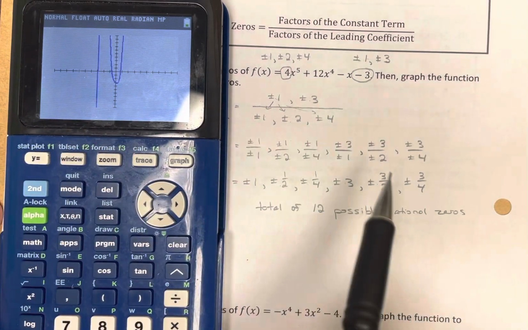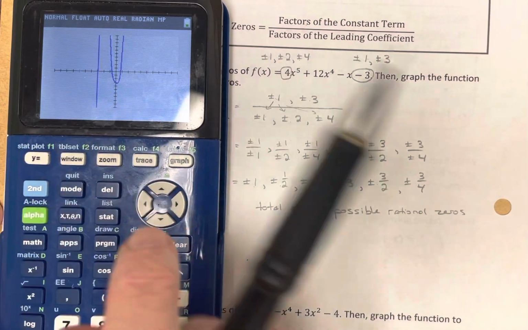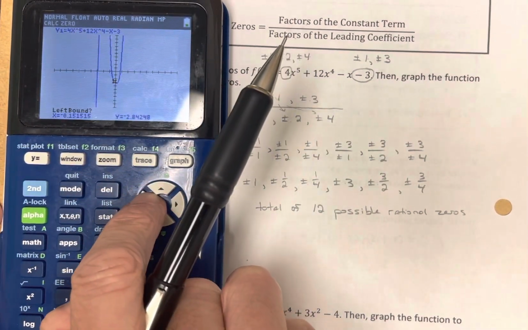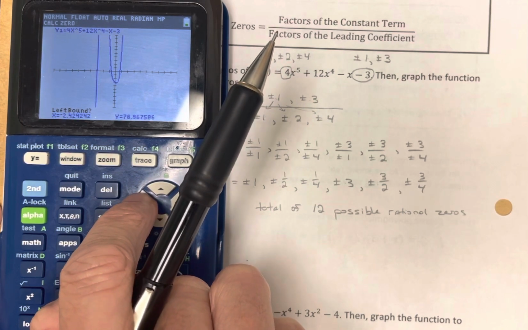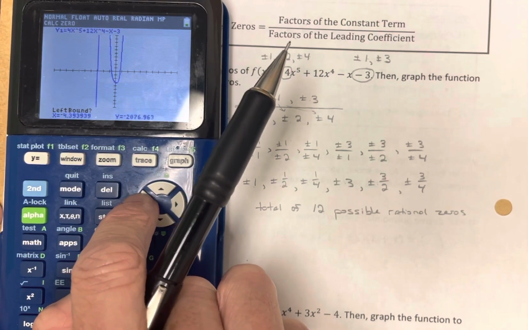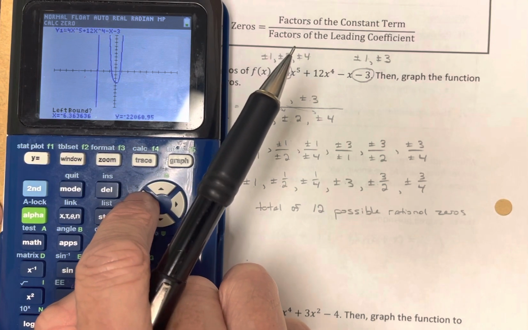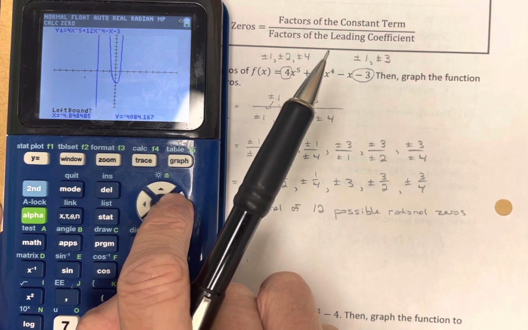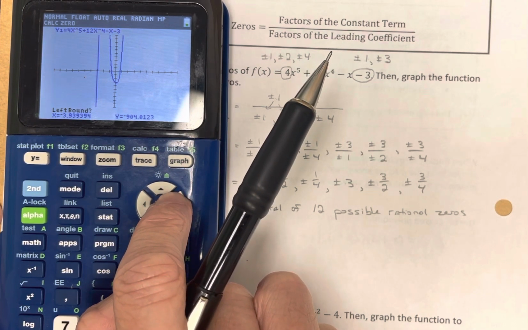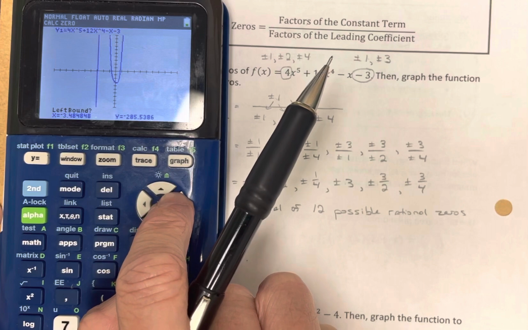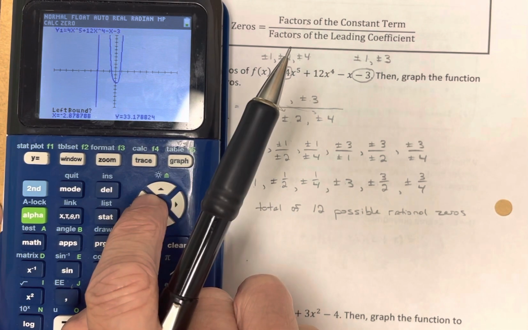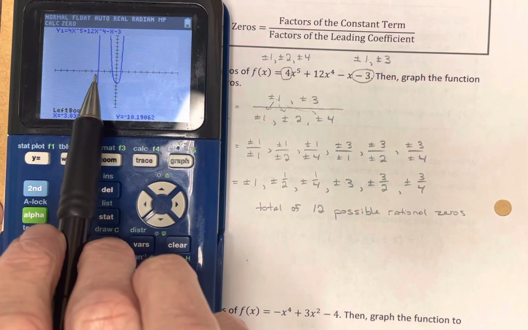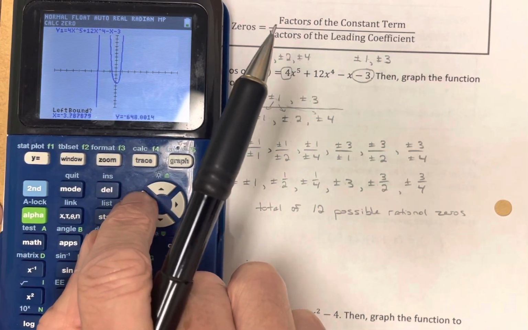Let's see which of these is on the list. I'm going to check the one on the left first. So second calc, a 0. And I'm going to go over to the left side of that 0, which is below the x-axis. Let me get over there a second. Okay, I lost myself. Somehow, I'm not able to see my cursor.